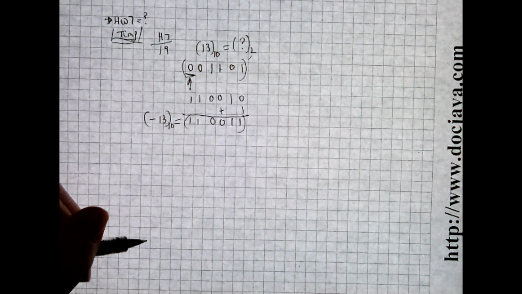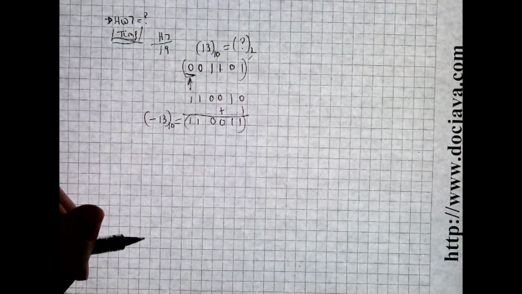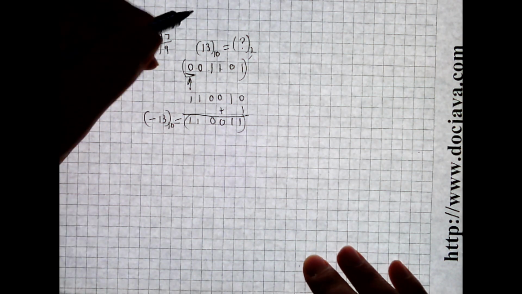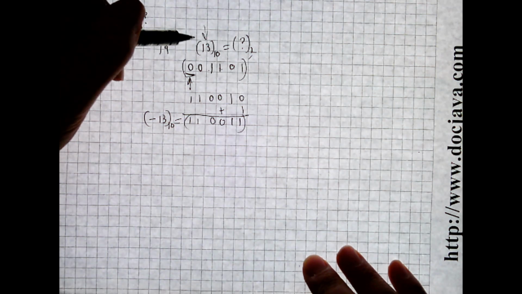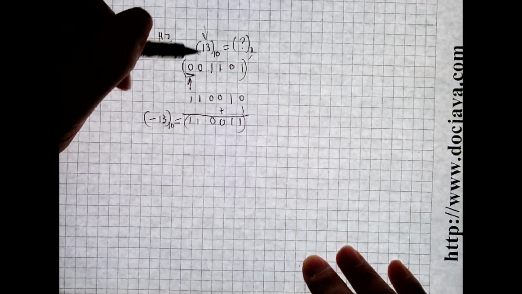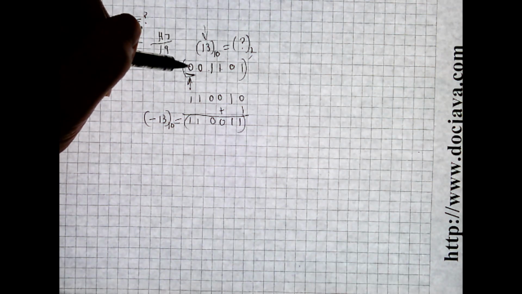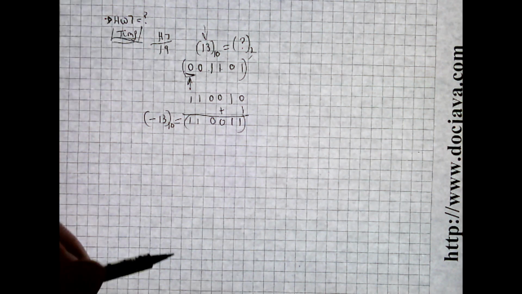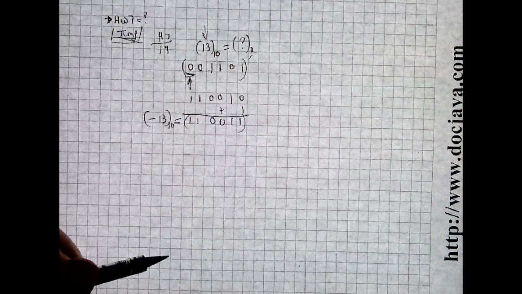Now, if you wanted minus 13 base 10, then that would be an answer. But because we're looking for the 2's complement representation with 6-bit format on 13, not minus 13, we do not do the complement and the increment. Okay?